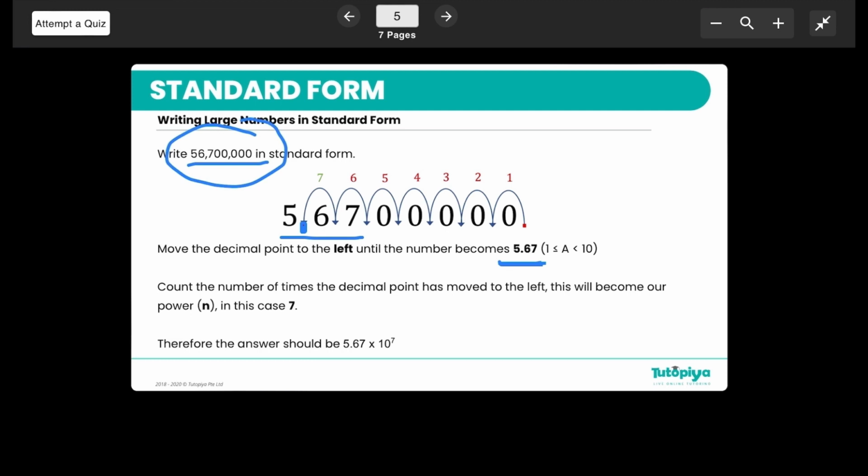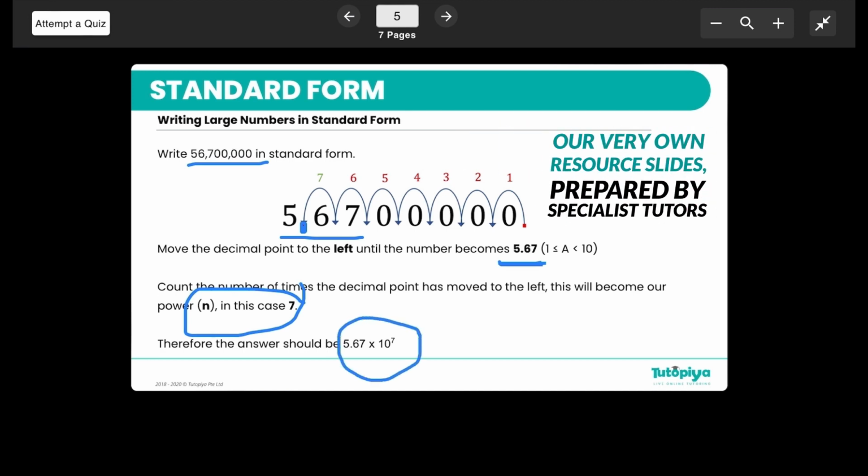If I put it at 5.67, you can see that I need to do 7 jumps, and therefore the power n is going to be 7. So the way to write 56,700,000 in standard form is 5.67 times 10 to the power of 7.